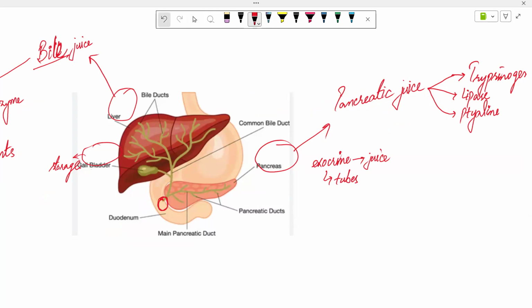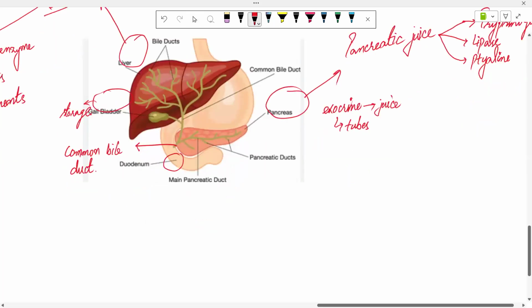One thing that can be seen here is the pancreatic duct pours itself into the bile duct just before entering the duodenum. That is why this duct is known as common bile duct.